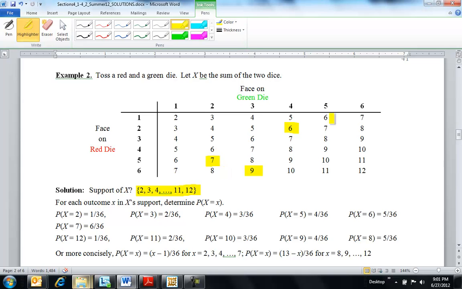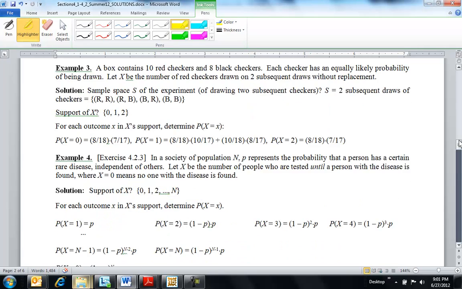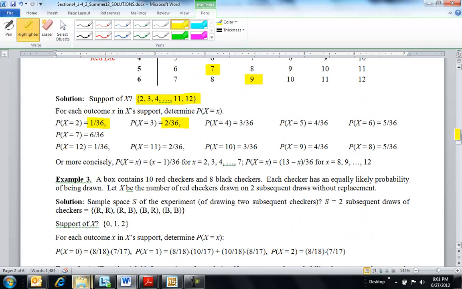Here are all 36 possibilities. The probability x is 2 is 1 out of 36, x is 3 is 2 out of 36. I'm just going back to the table and counting. Sometimes it's nice to have a more succinct formula for x instead of writing out all the possibilities, but either is legal in this class. Sometimes it's impossible to write out for everybody.